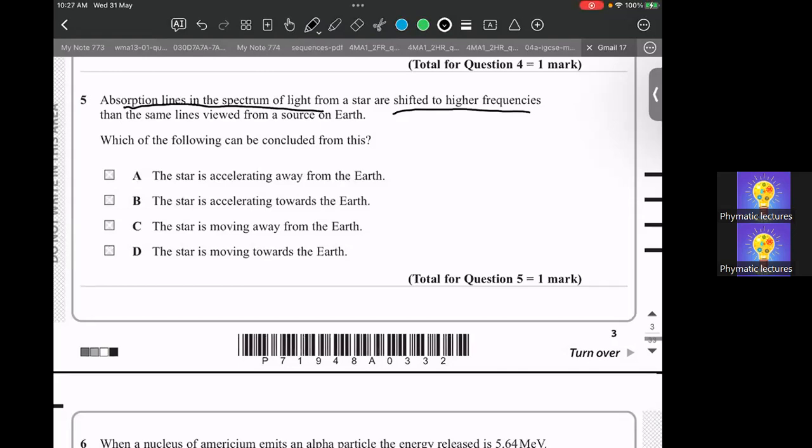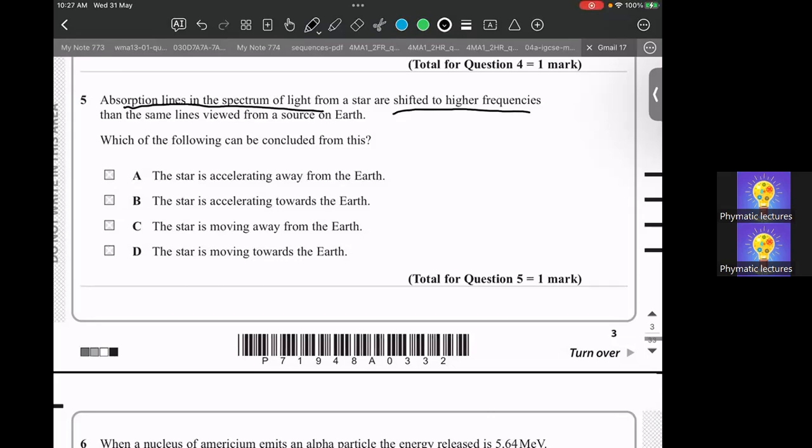If frequency is shifted to the higher range, the idea is very simple. See the options: the star is accelerating away from the earth, the star is accelerating towards the earth, the star is moving away from the earth.